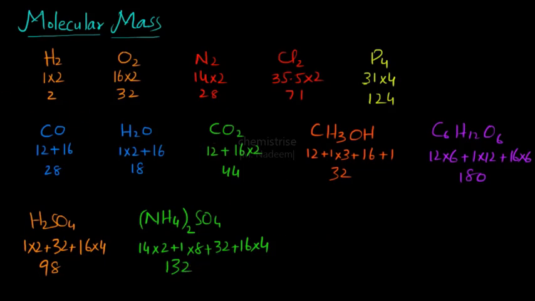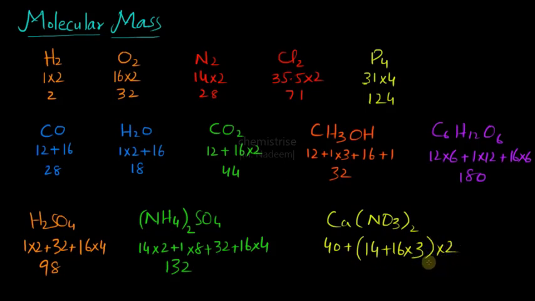So let's see some more examples. For example, we've got calcium nitrate, Ca(NO3)2. In this case, calcium is 40, plus there are 2 nitrogens and 6 oxygens. Or you can write it another way: 14 plus oxygen is 16 times 3, and they both get multiplied by 2.